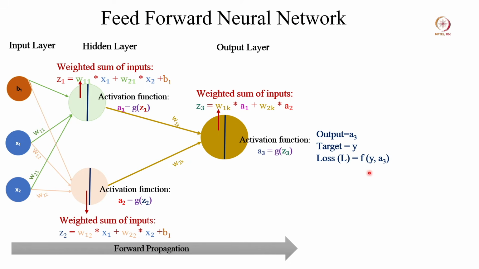For that, what needs to be done is that the loss or the error should be minimized. Now, how to reduce this error? If we see, the loss is a function of the ground truth or the target value and the output from the model.